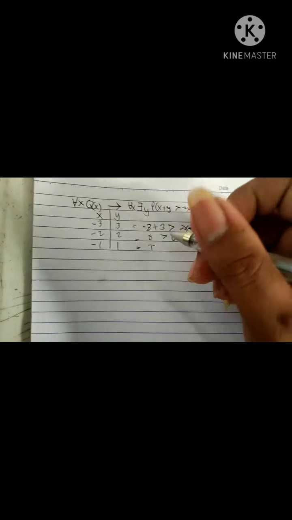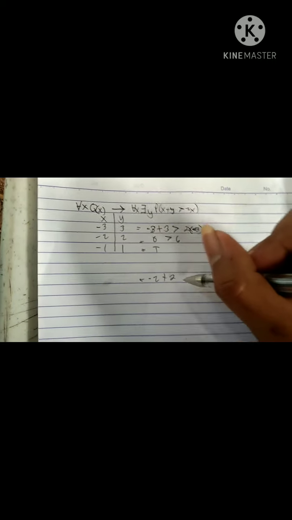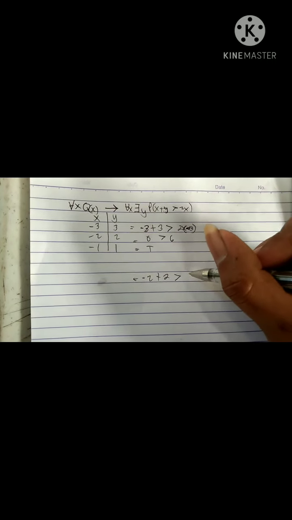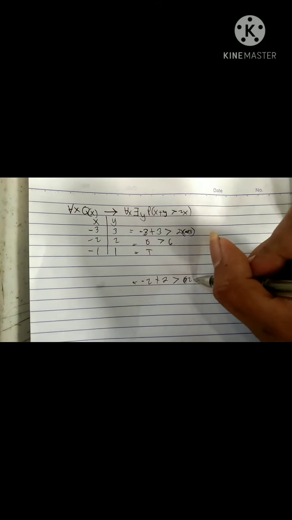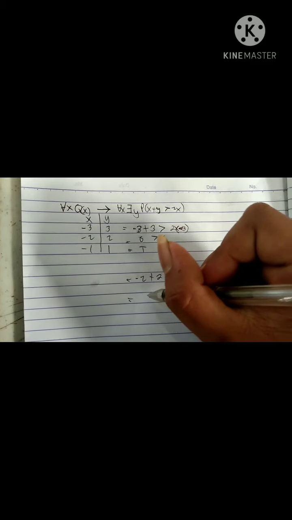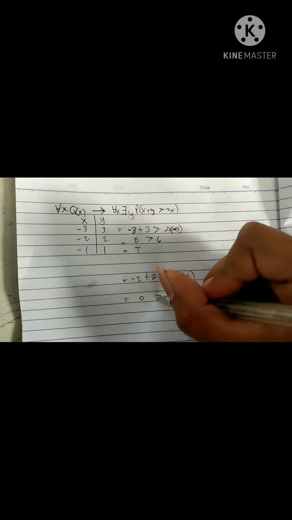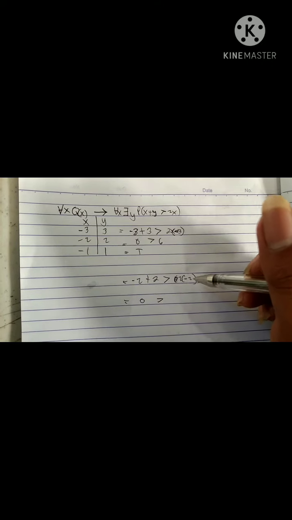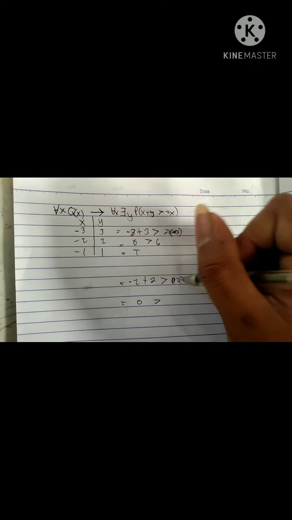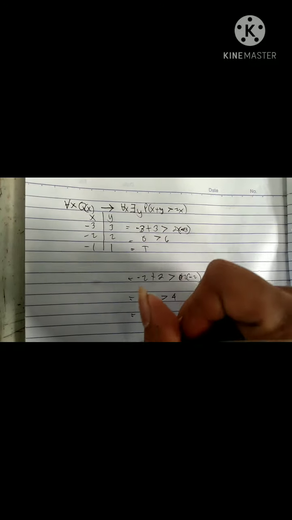The next is negative 2. Negative 2 plus 2 is greater than 2 times negative 2. Negative 2 plus 2 is 0, greater than negative 4. So therefore it is true. Next will be negative 1.